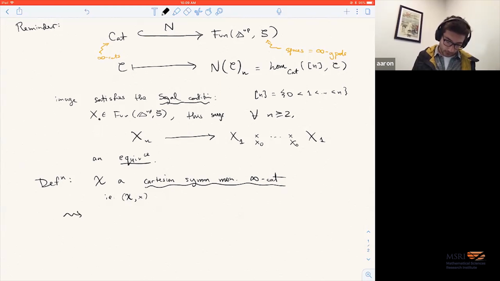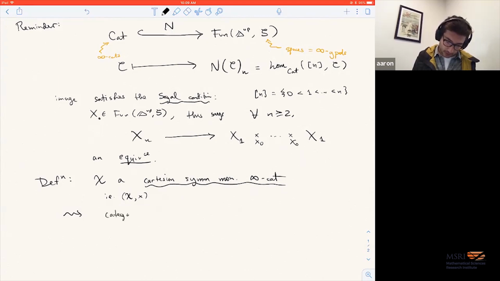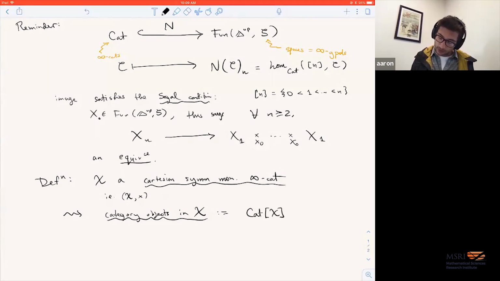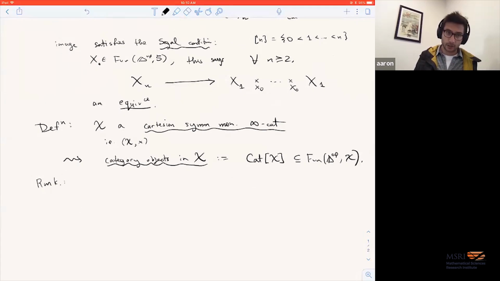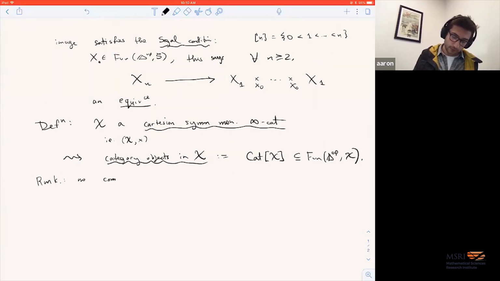And I'll refer to category objects in X, I'll just write Cat brackets X for that. And that's going to be a full subcategory of simplicial objects in X. Let me just remark, if you're familiar with this story, I'll not talk really about completeness conditions today.